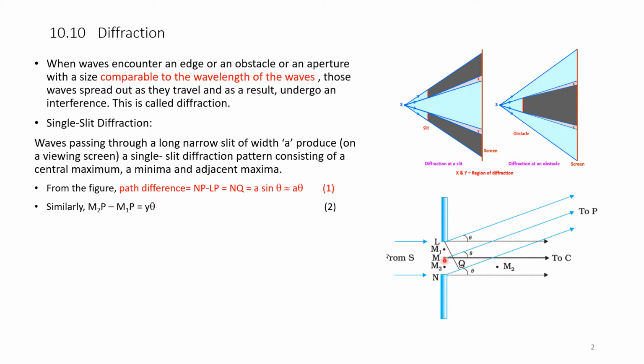LN is the slit, the width of the slit, and NQ is the delay or path difference.